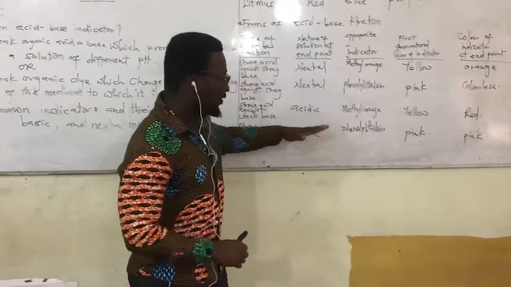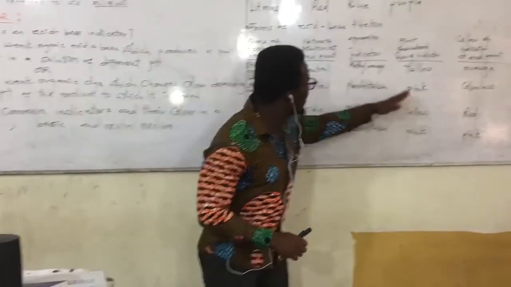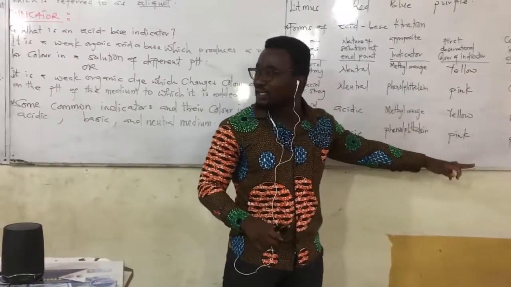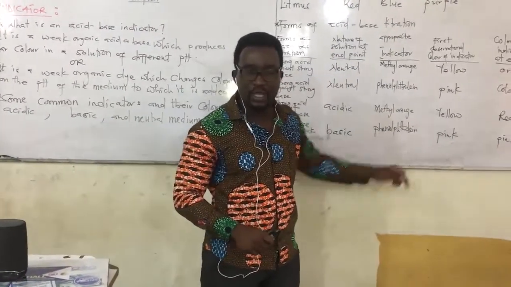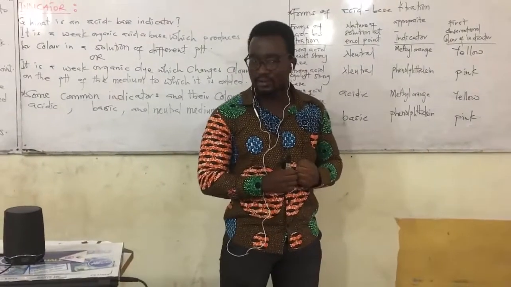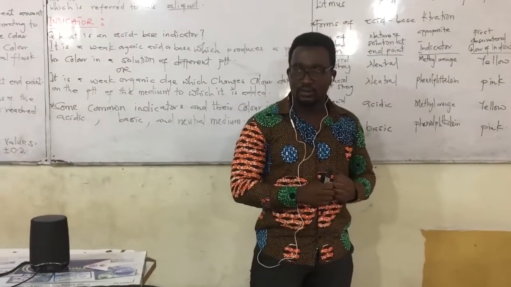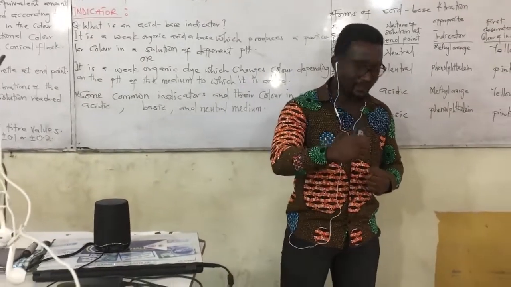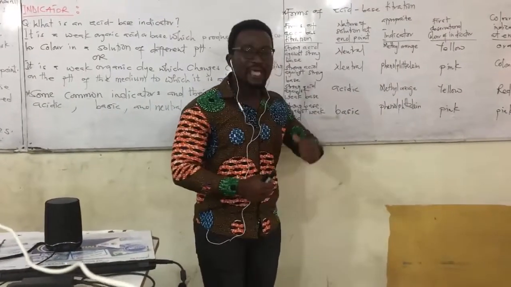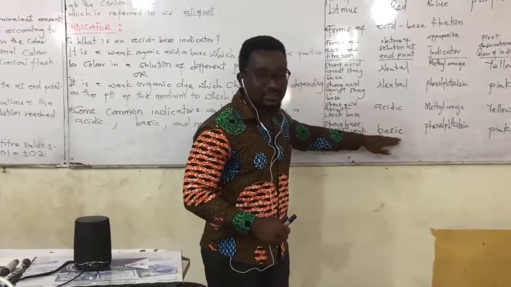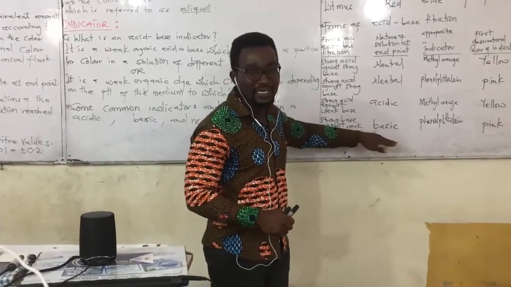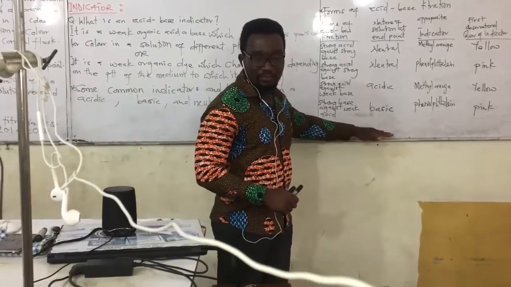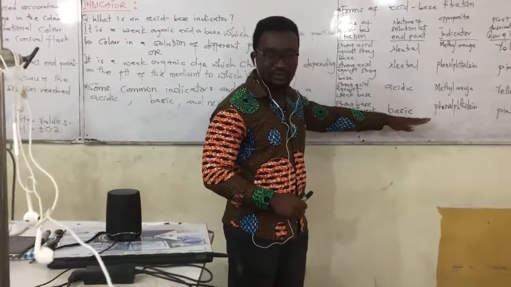Now, the first observational color of the phenolphthalein in the basic medium will be deep pink. It will be observed at endpoint where the solution is still basic, because phenolphthalein works in the basic medium.